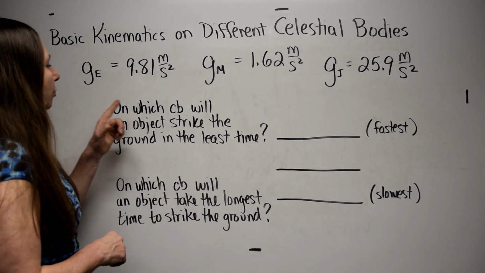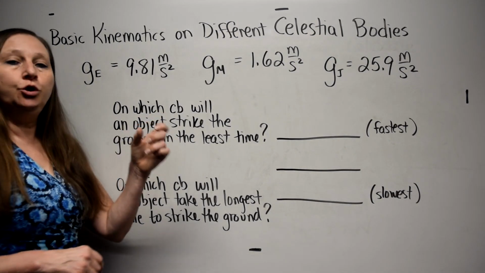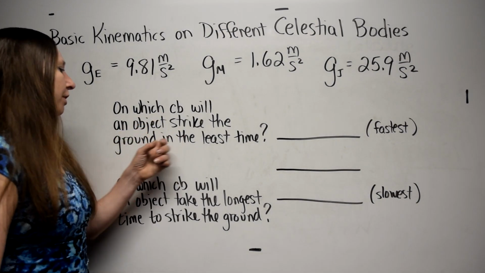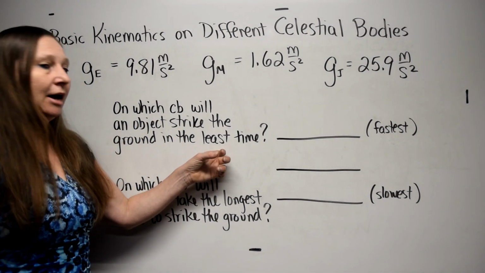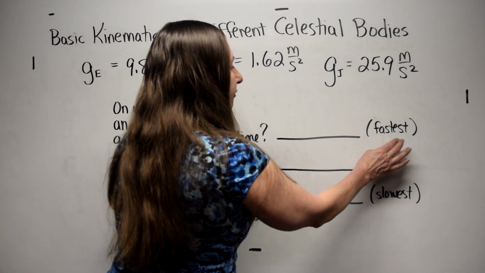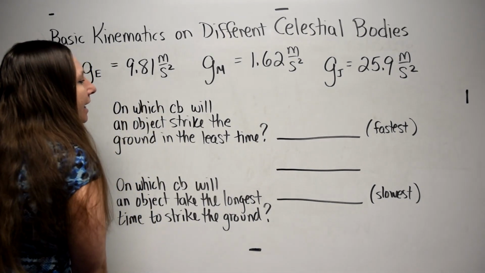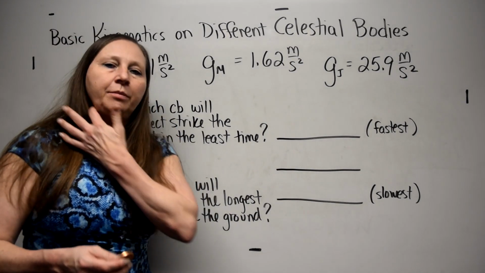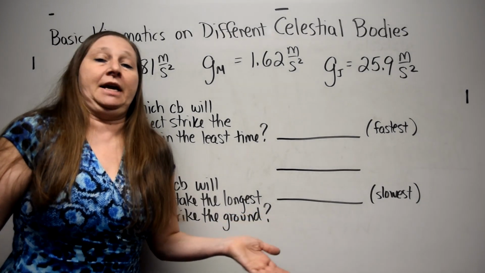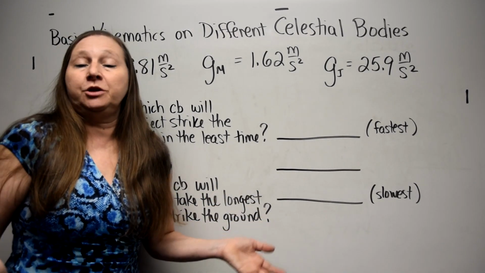So, on which celestial body do you think an object will strike the ground in the least amount of time? In other words, it's going to fall the fastest. So, if we take a coin, for example, and drop it from a height, now you could pick any height, but I'm going to pick a height of 6 meters.